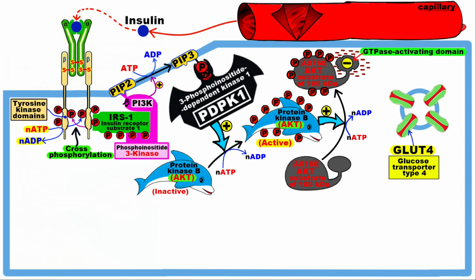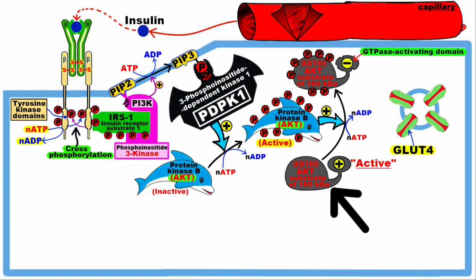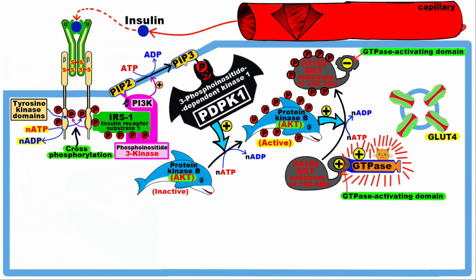Now, let's take a look at the AS160 before the reaction, when the GTPase activating domain was still active. In the activated state, the GTPase activating domain is able to activate an enzyme called GTPase. The GTPase binds to GTP and hydrolyzes it to GDP.